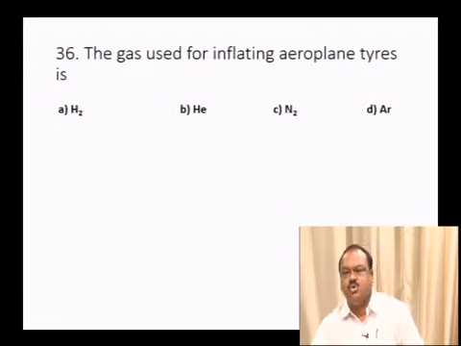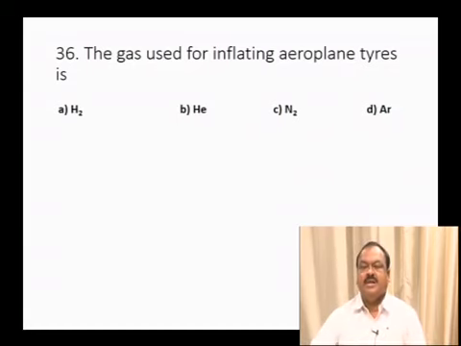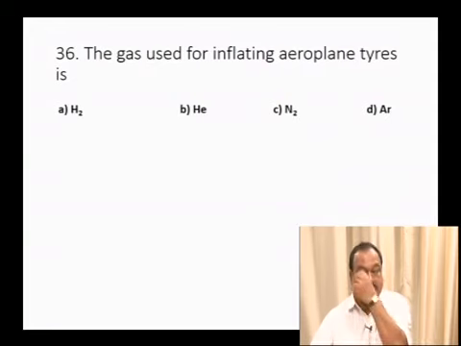The gas used for inflating aeroplane tires is? Hydrogen gas at high pressure and temperature may catch fire due to being highly combustible. Argon is inert but heavier, whereas helium is lighter, non-inflammable, and at the same time it can be filled at high temperature and pressure.